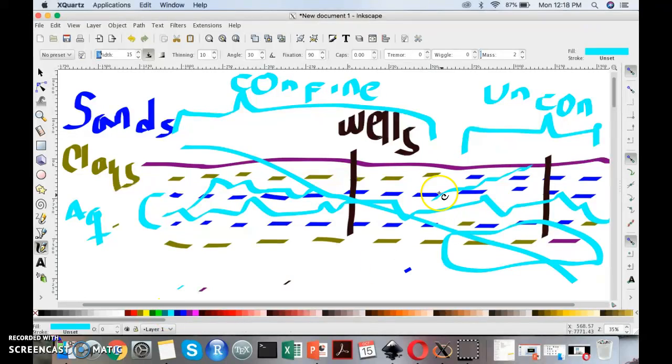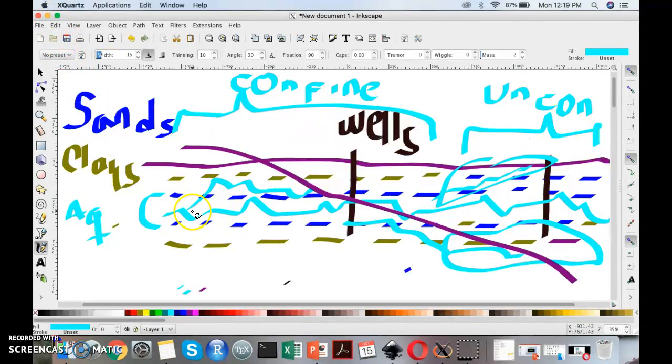So I could have this line that I made over here be going that way, basically. And that would work. So again, when you have confinement, it's going to be a confined aquifer. And when you don't, when the aquifer itself is free, like the water within it is free to flow, that's going to be an unconfined aquifer.